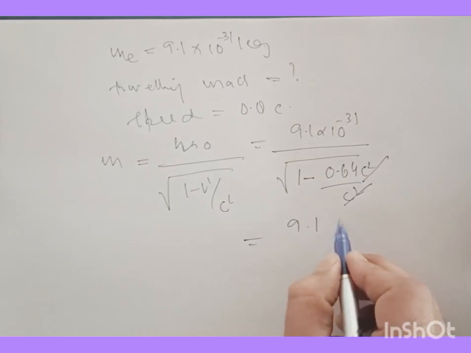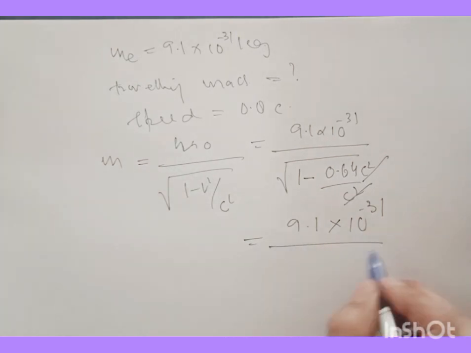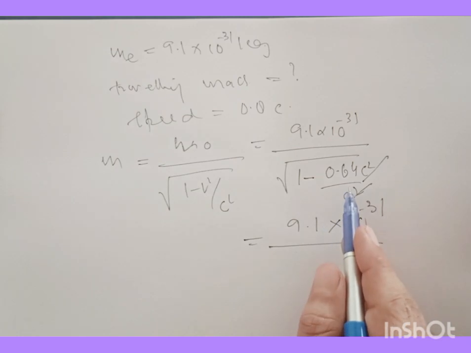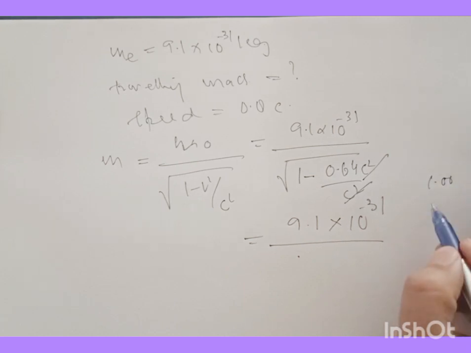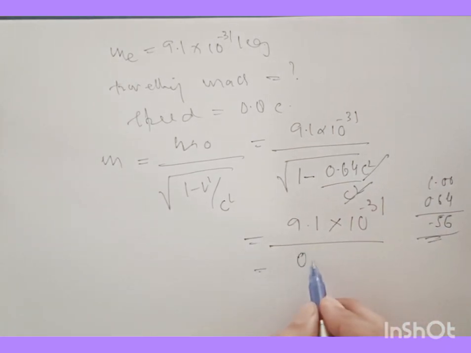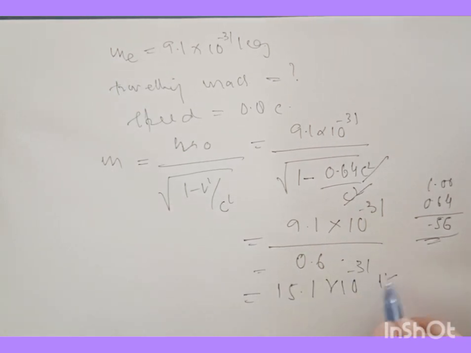So this is 9.1 times 10 to the power of minus 31 divided by this, which is nearly 0.6. Okay, so this will come out to be 15.1 times 10 to the power of minus 31 kilograms.